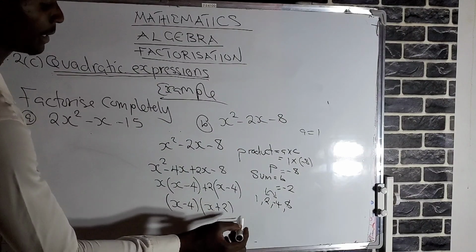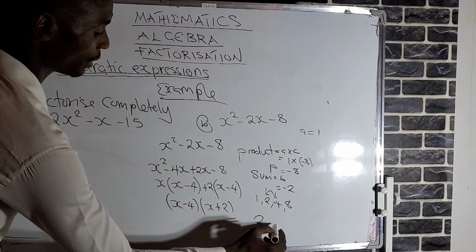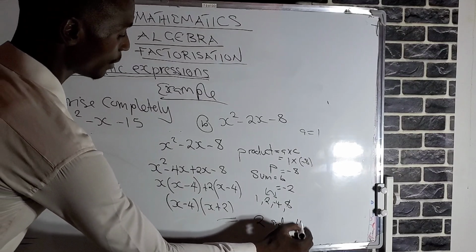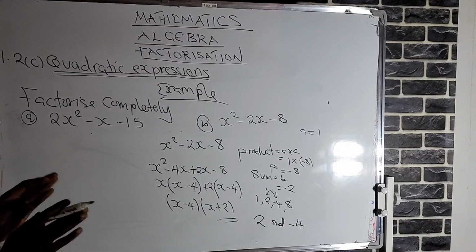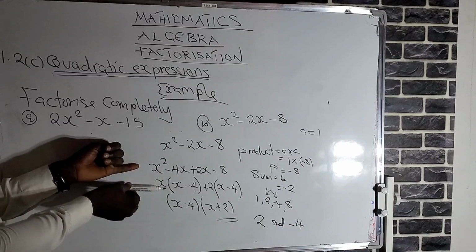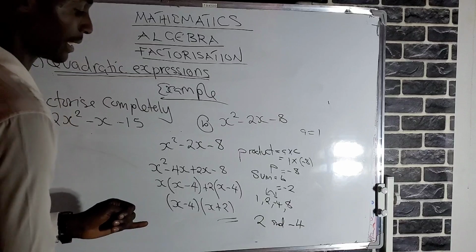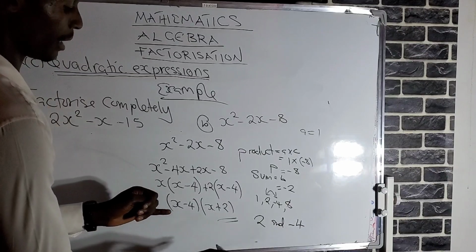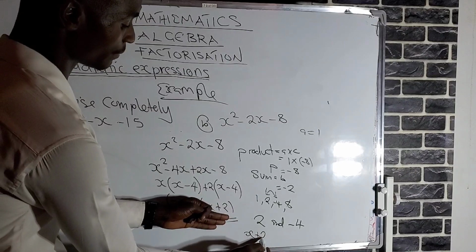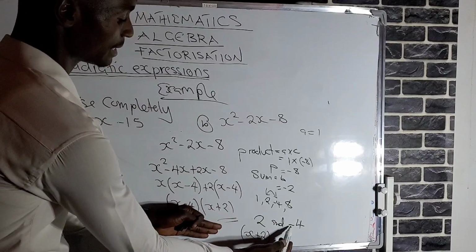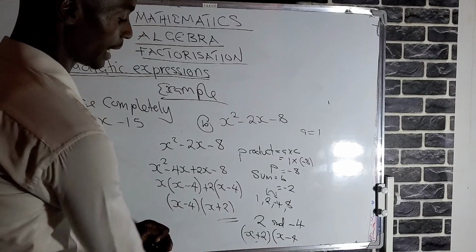When you find the two numbers, that is 2 and negative 4, you can know the final answer before you even factorize by grouping. Since this is positive, just add x plus 2, then this is negative, so it will be x minus 4.